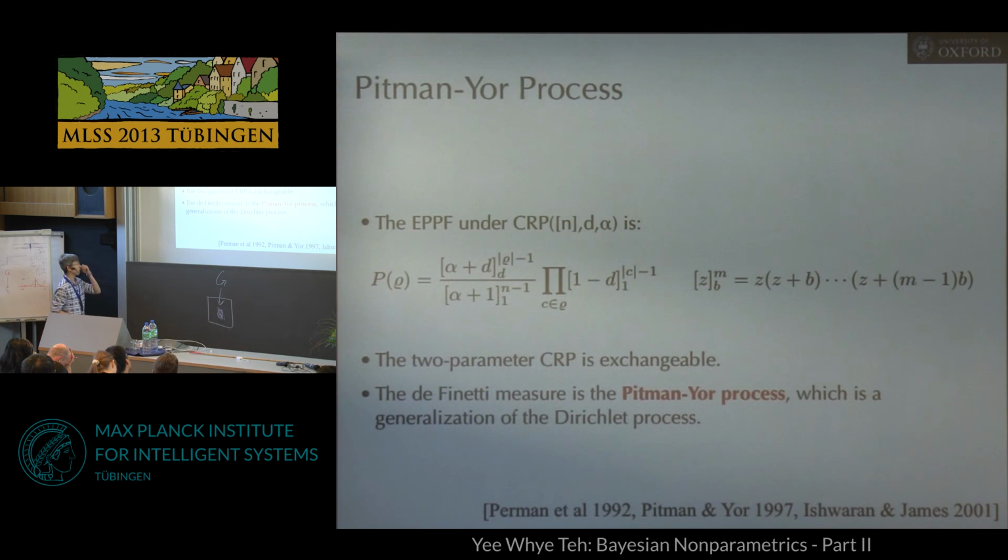And since it's exchangeable, then the same sort of story leads us to apply de Finetti's theorem and say that there's some underlying random probability measure that underlies this two-parameter CRP, and this thing is called the Pitman-Yor process, which is a generalization of the Dirichlet process.